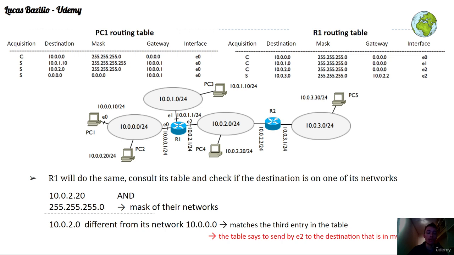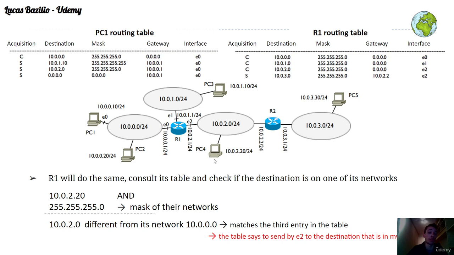If we do the AND operation, this result matches the third entry in the routing table, right? So we can see here this is the interface. The table says to send by the interface E2 to the destination that is in the network, right? Because if we send by E2, with this interface, we reach this network, which is basically the network where the destination host is.